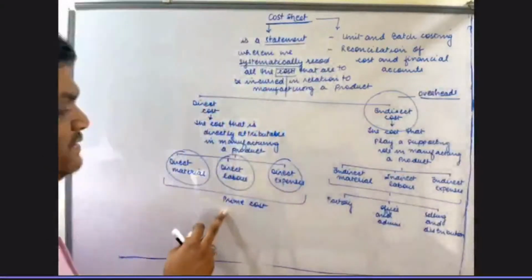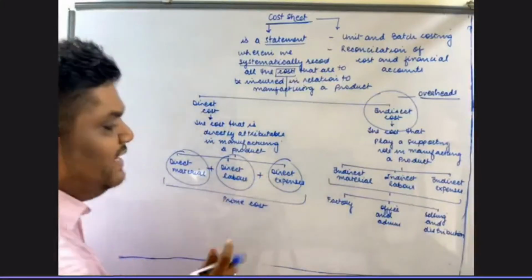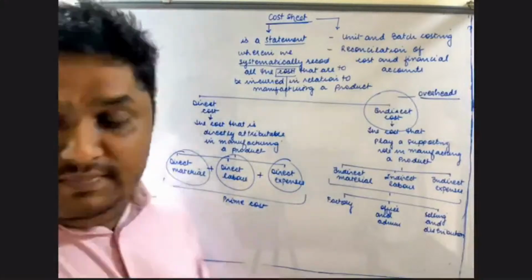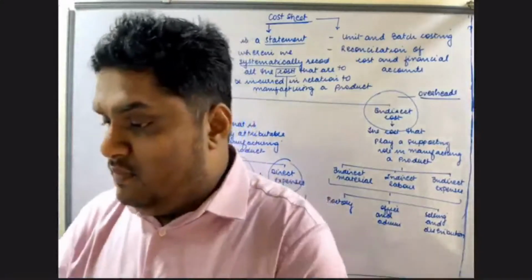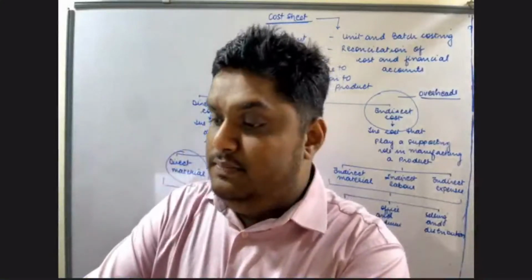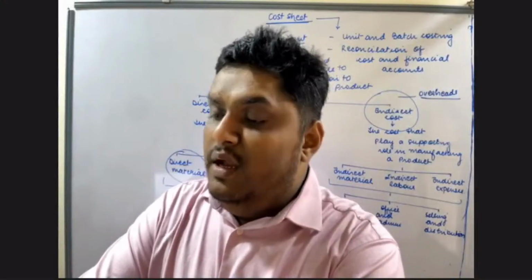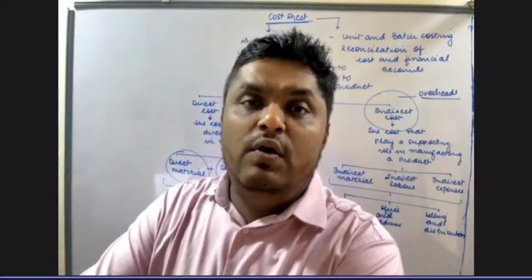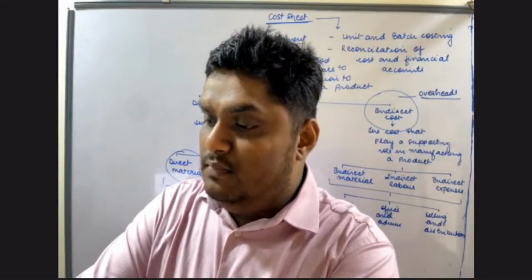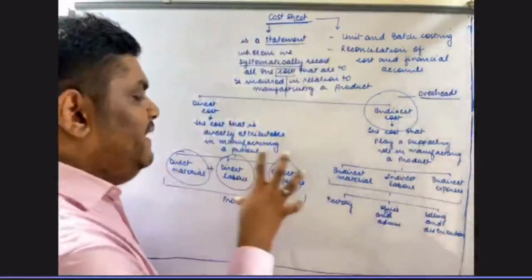This will form part of prime cost, that is direct material plus direct labor plus direct expenses. The total of these three will be the prime cost. It is an indirect cost. Depreciation will be an indirect cost. Direct cost covers direct material, direct labor, and direct expenses.